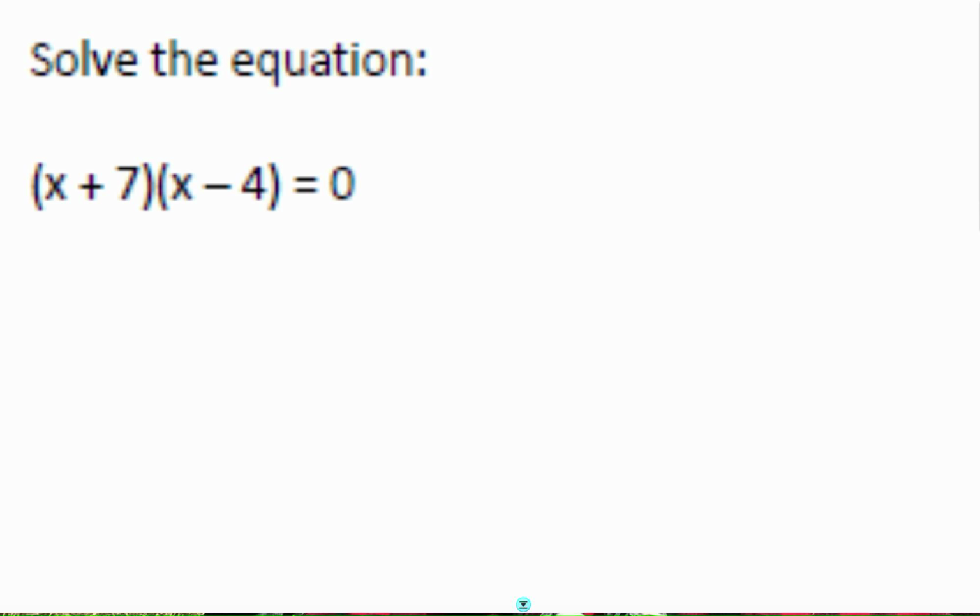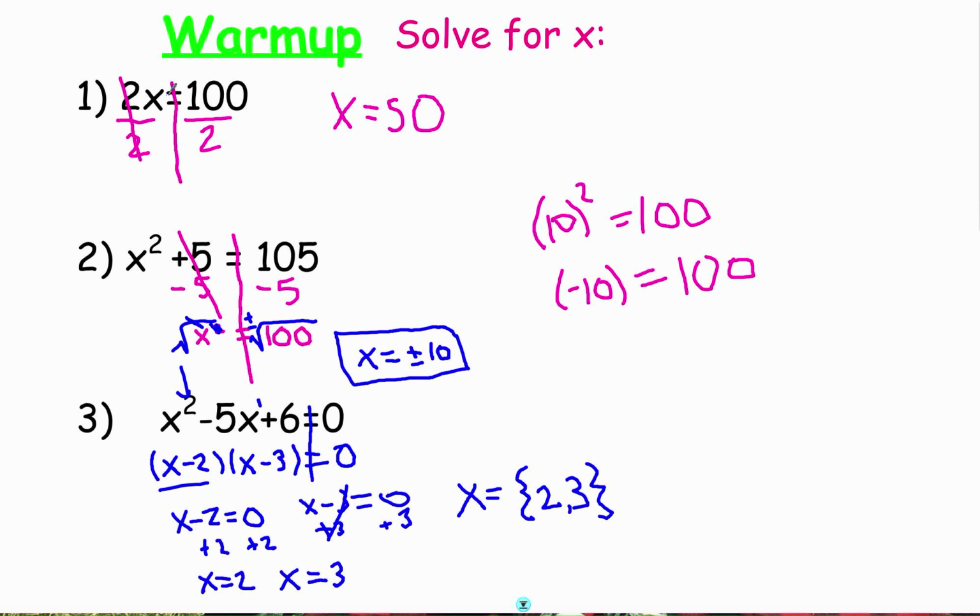So the first thing I want to point out is the difference in an equation versus an expression. So if I just had x squared minus 5x plus 6, if that is just an expression, I can't solve for x. When it's set equal to something, say 0 in this case, then it becomes an equation and I can actually solve for x.